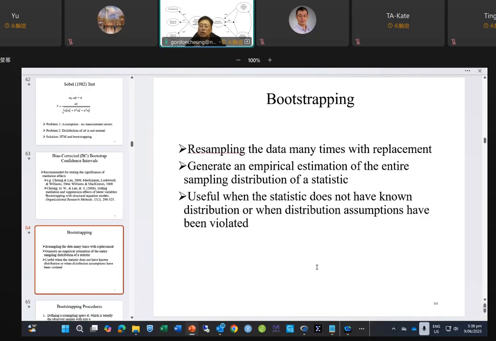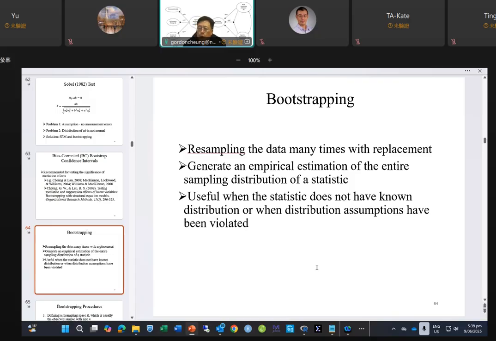How can we generate the distribution? We in fact assume that you are repeating your study 1,000 times. Each time you find the indirect effect. So now you have 1,000 indirect effects.